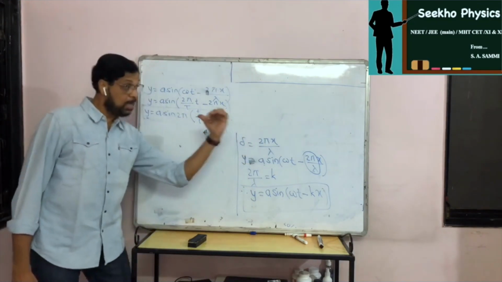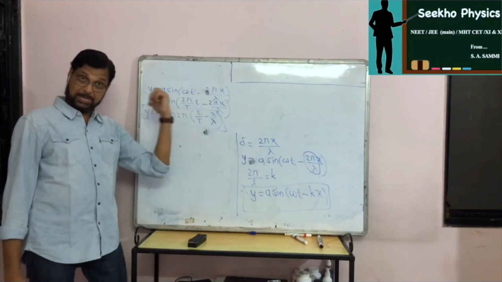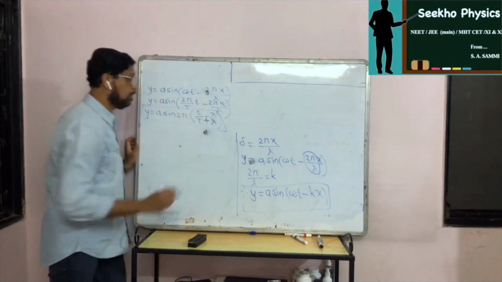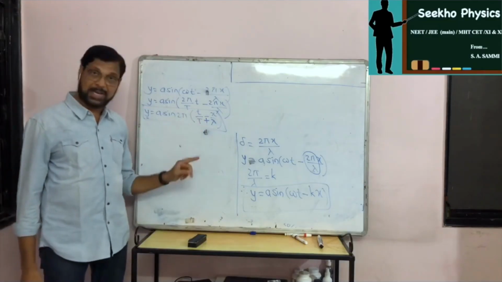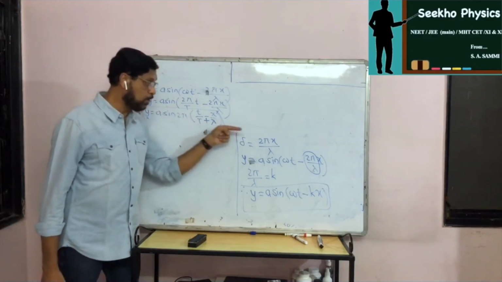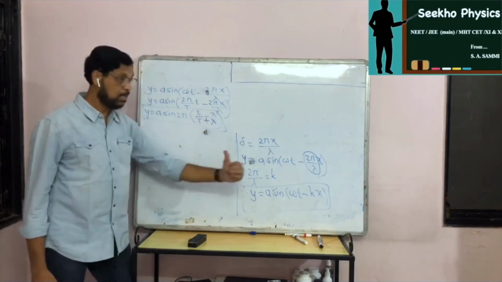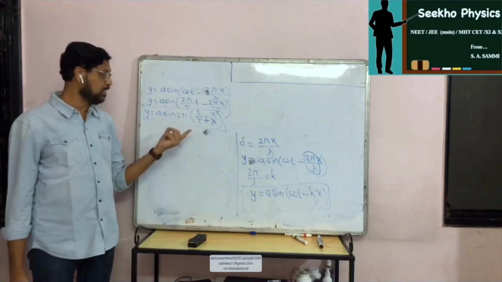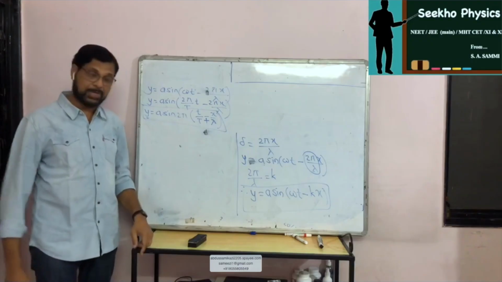If it is moving in the opposite direction, negative direction of x-axis, then you will put plus there. So the general form will be minus plus. Positive direction of x-axis minus, negative direction of x-axis plus.